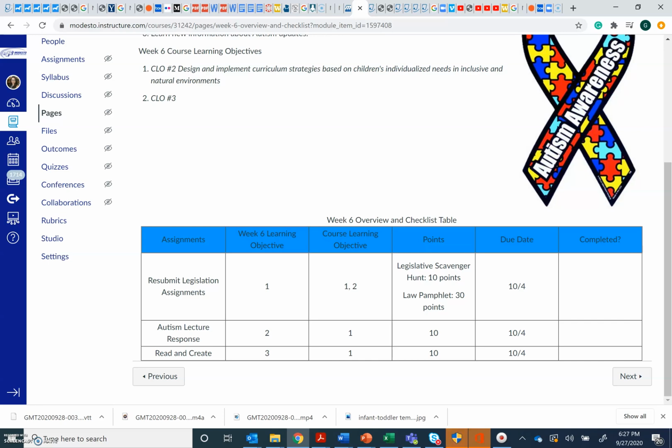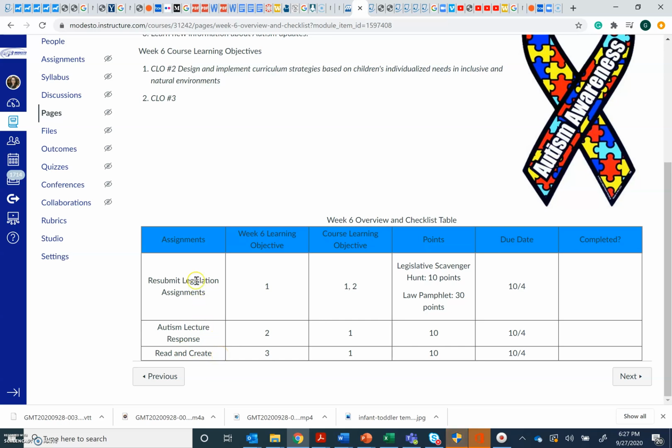It's only going to be a reflection based on the lecture. And then you're also going to take a look at the DSM-5, which is how autism is diagnosed, and you're going to look at some of the characteristics and plan activities for a child who would be diagnosed with one of the levels of autism. So these are the two assignments for everyone, the autism lecture response and the read and create.